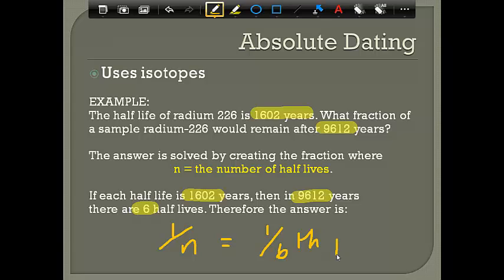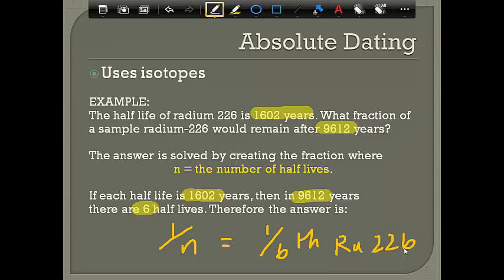So 1/6 of the radium-226 is still left. So if we found a fossil with only 1/6 of its radium-226 still left, we would know that it's 9,612 years old.